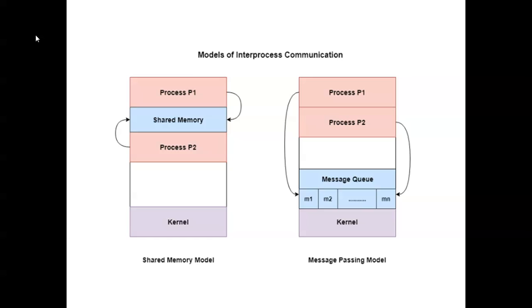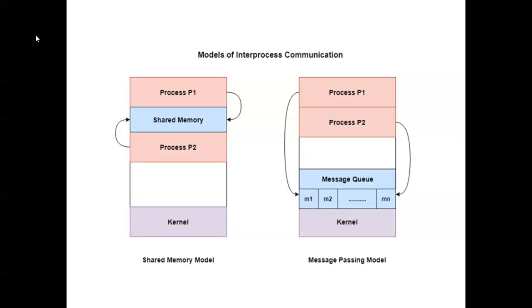But in the shared memory model, processes can share the data using a particular memory, which you can call shared memory. The only drawback of the shared memory model is that I have to ensure no process has already written to the same memory location. If a process writes again to the same place, you will face the problem that the previous data might be lost. So that is the shared memory model.